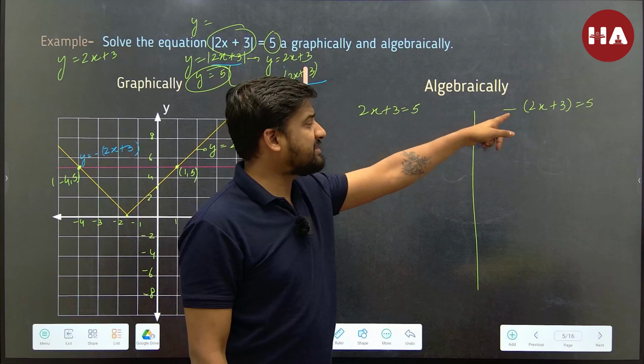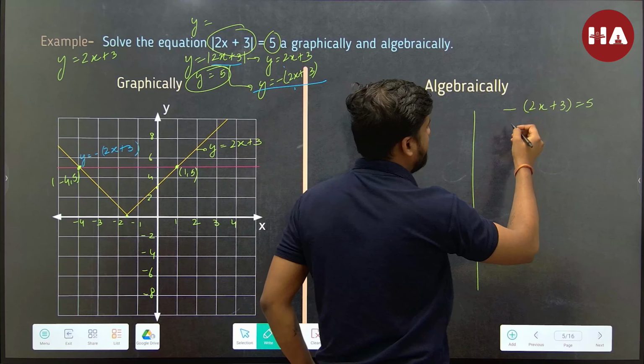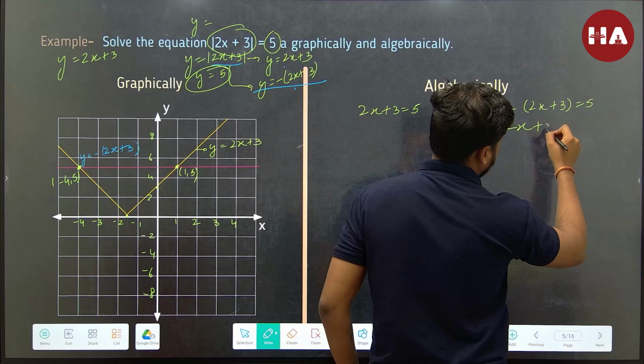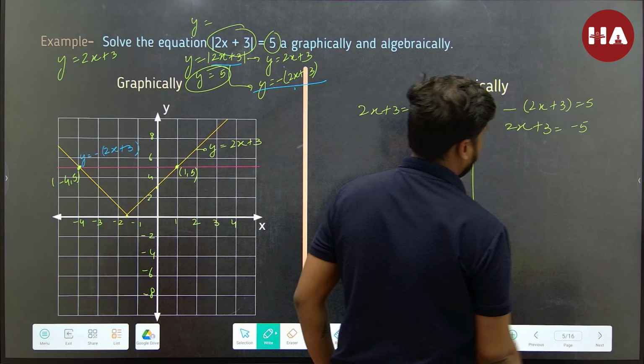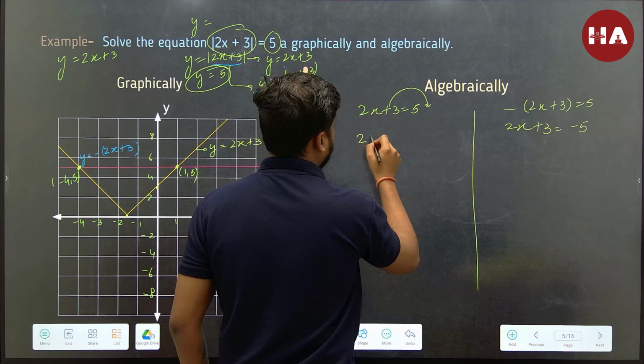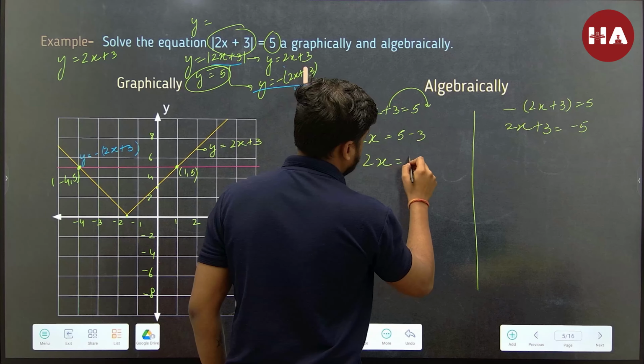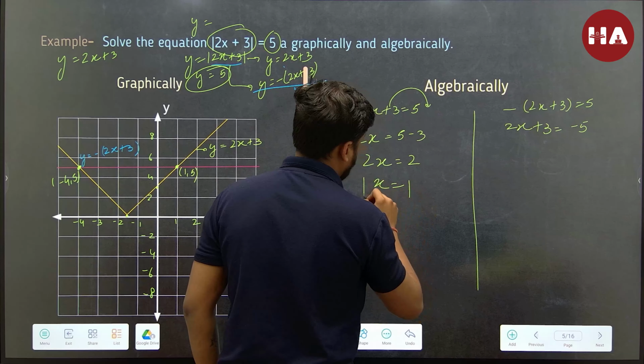Now in the second one, I'll take this negative sign and place it on the 5, and I'll get 2x + 3 = -5, right? Let's solve this. Let's shift it there. I'll get 2x = 5 - 3. I'll get 2x = 2, so x = 1.